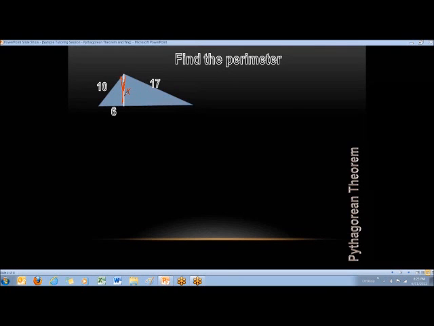So you could say x squared plus 6 squared equals 10 squared. Then you could change it to x squared equals 10 squared minus 6 squared.